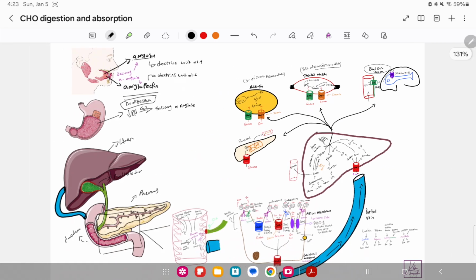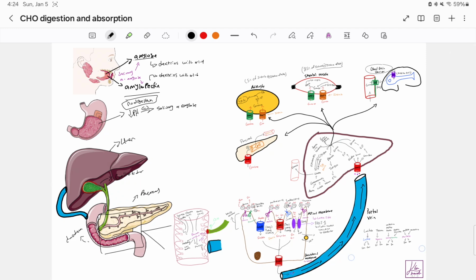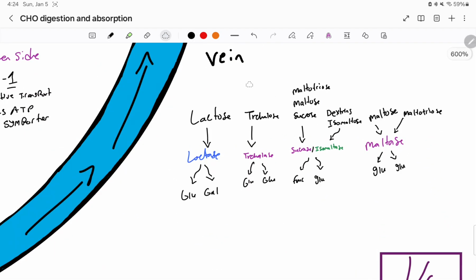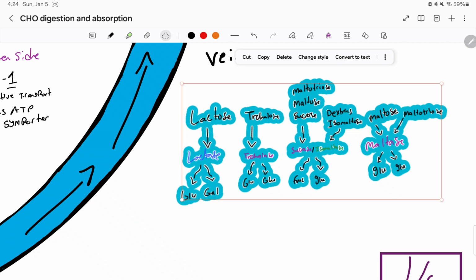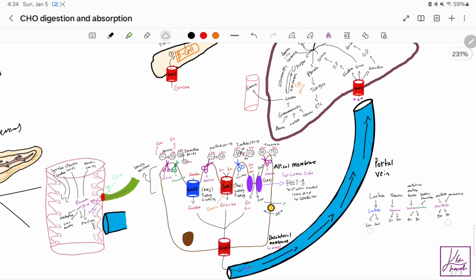Now, that's going to cover everything in relation to carbohydrate digestion and absorption. One last thing here is this little flow chart I made with regards to the digestion. So with all the enzymes on the brush border.